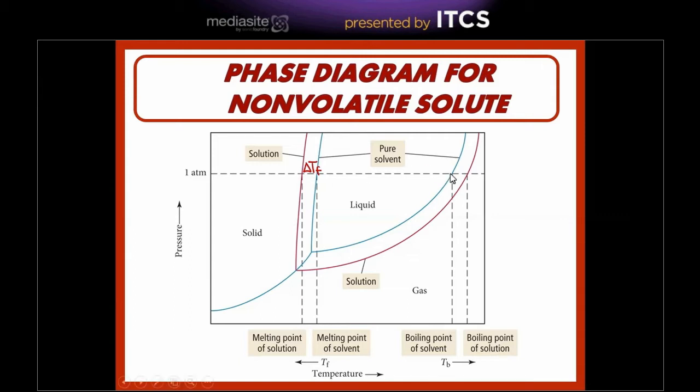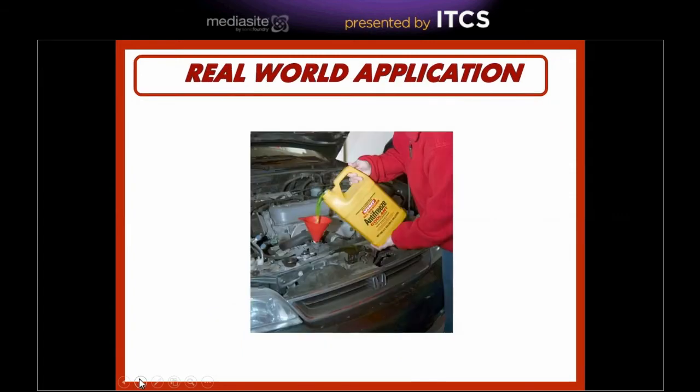We can also see that comparing the boiling point of the pure solvent to the boiling point of the solution, there is an increase. And so we call this the boiling point elevation. That word elevation means that there is an increase in the boiling point as you add solute to a pure solvent, forming a solution.